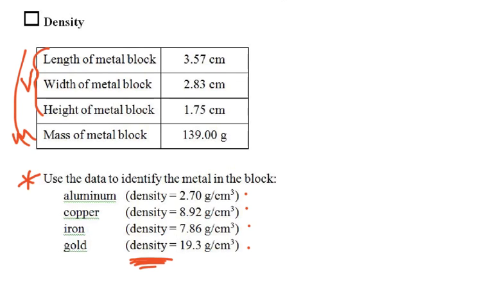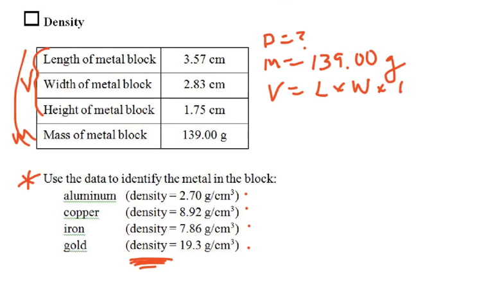Okay, so let's go back to our problem then. So we say density, that's what we're looking for. Mass is 139 grams. And the volume, we've got to calculate that. Volume is length times width times height for our block.